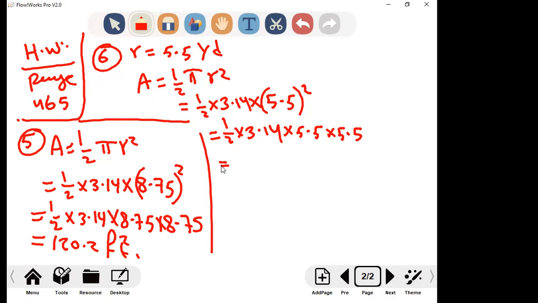This is equal 0.5 times 3.14 times 5.5 times 5.5 equals 47.49. Here I'm rounding to the nearest hundredths, right? And yards to the power of 2. Done. Now, questions 7 and 8.